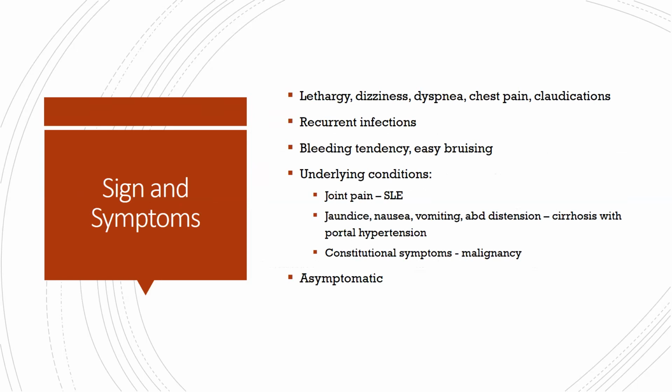However, from the signs and symptoms, you can also pick up some underlying conditions, such as joint pain and malar rash for SLE, or jaundice, nausea, vomiting, and abdominal distension for patients with cirrhosis with portal hypertension, which causes hypersplenism, a peripheral consumption cause of pancytopenia, as well as constitutional symptoms for patients with malignancy. And all in all, the patient might be asymptomatic as well. Sometimes you just pick up pancytopenia from a patient who is totally asymptomatic.